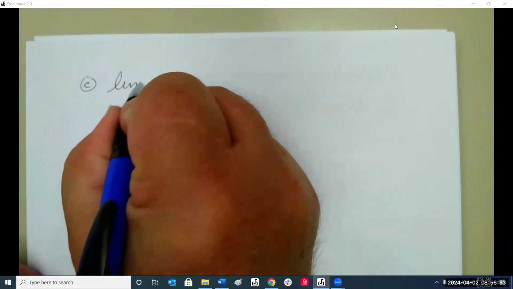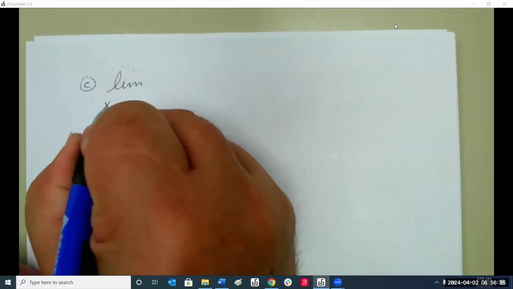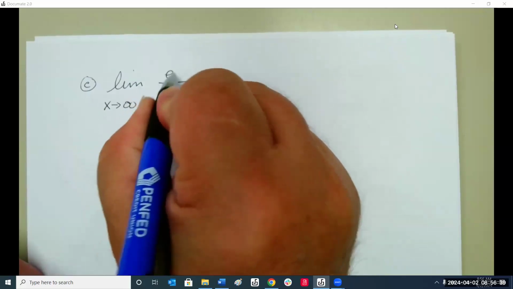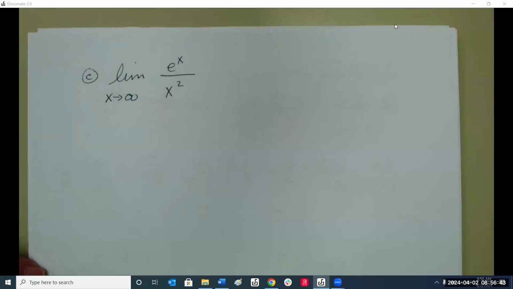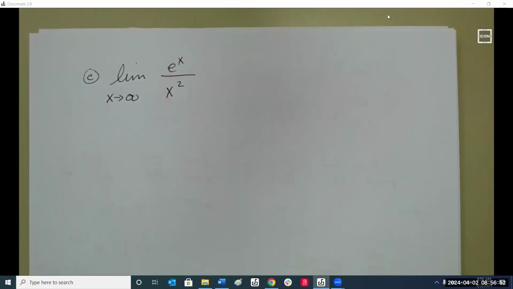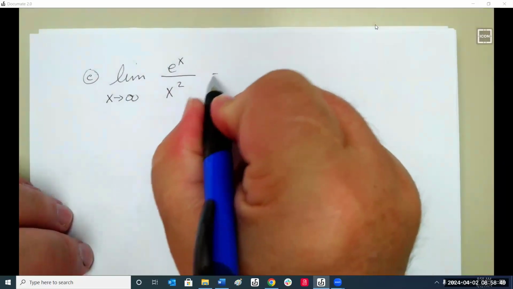The limit as x approaches infinity of e to the x over x squared. So let's see.